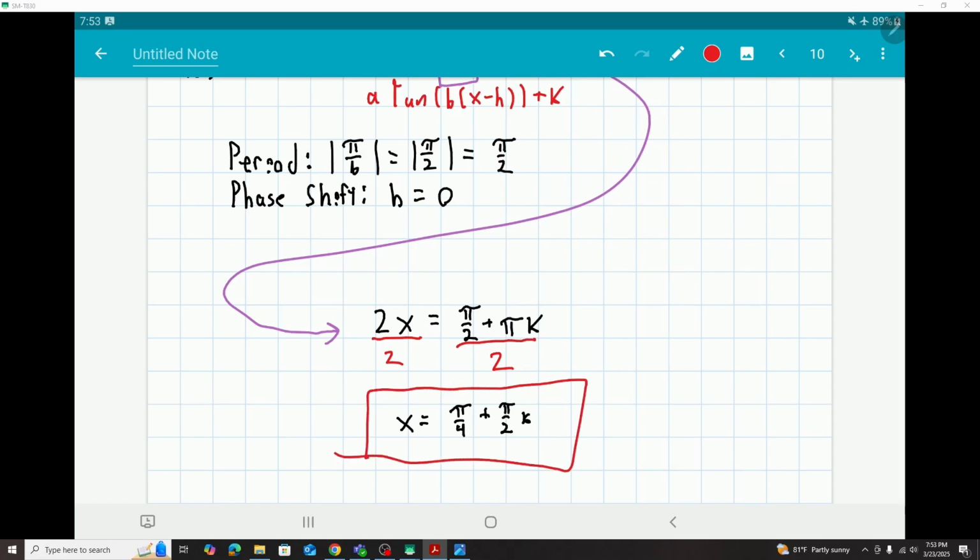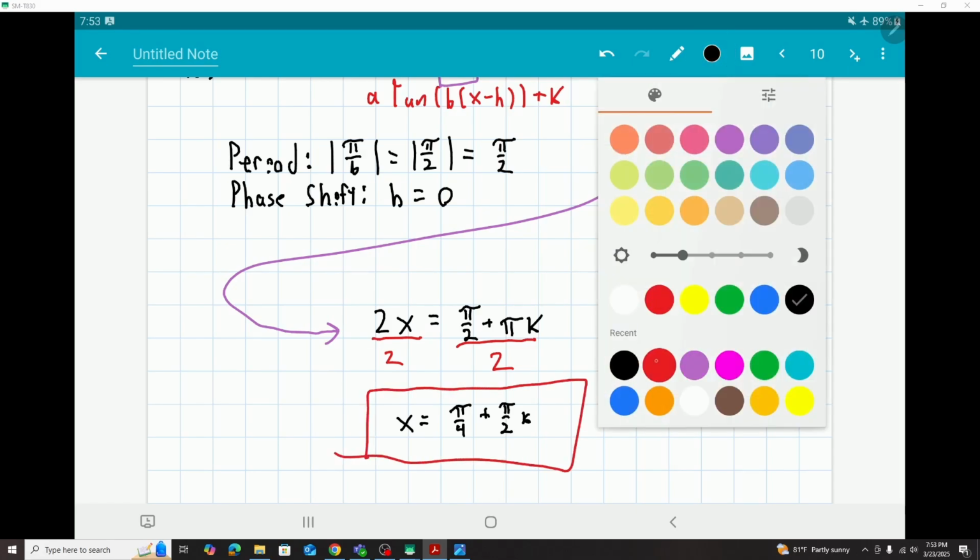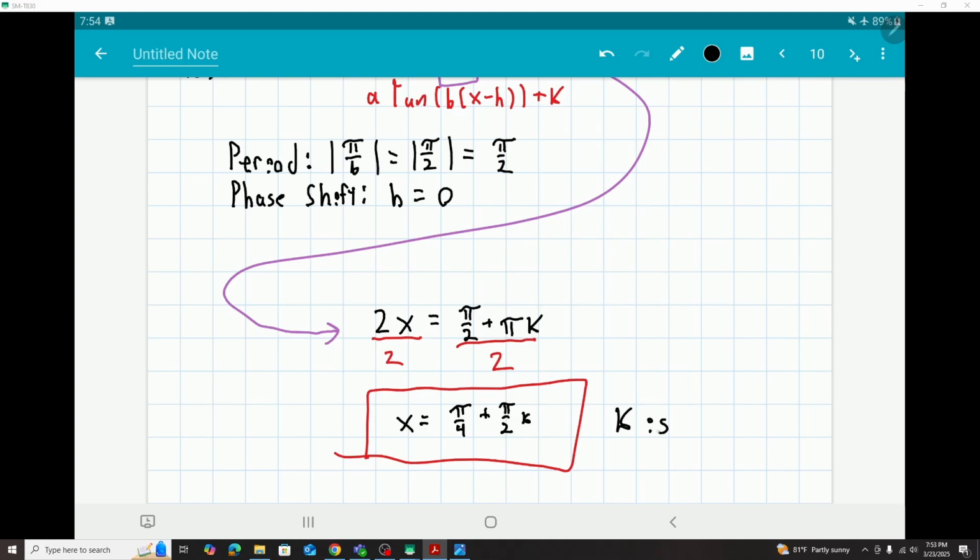Any x that looks like this, where k is an integer. Okay, so if I plug in any whole number value of k, positive or negative, and I solve that for x, then there's going to be a vertical asymptote there.